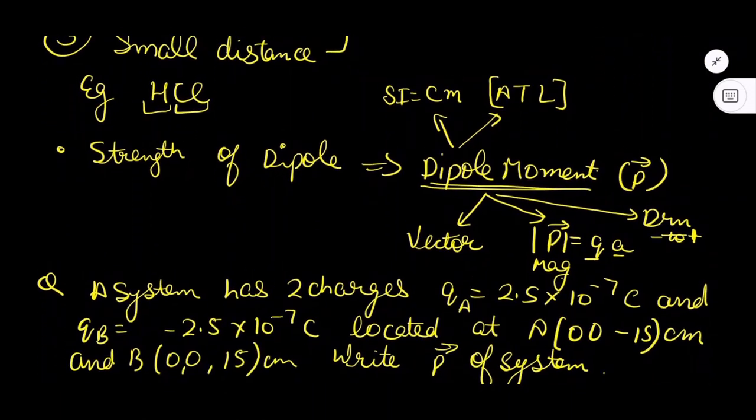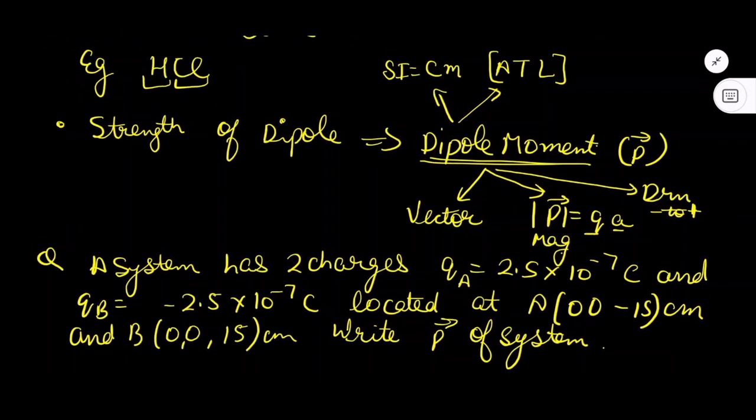Now let's solve a question. A system has two charges. We have a charge QA of 2.5 into 10 raised to power minus 7, and another charge QB of the same magnitude but opposite sign.